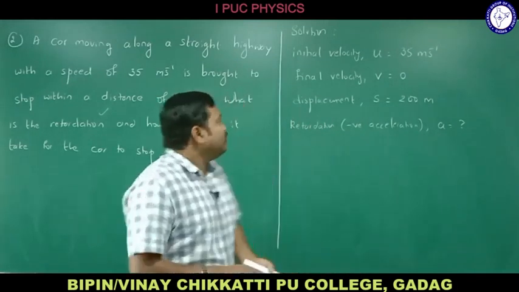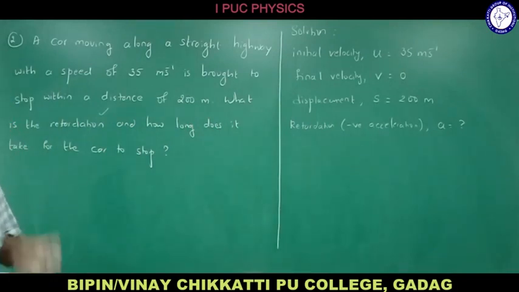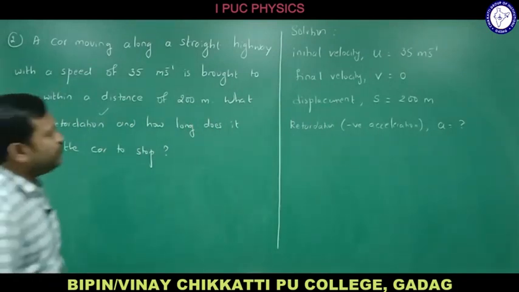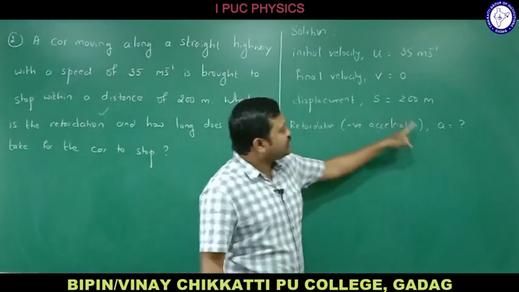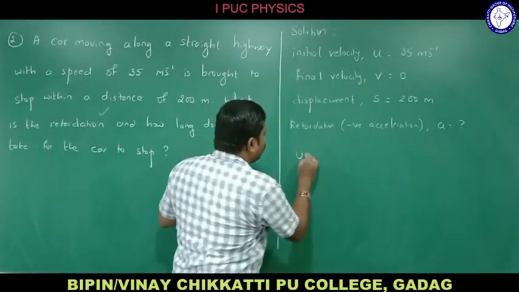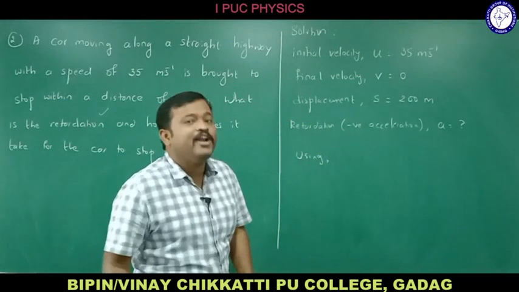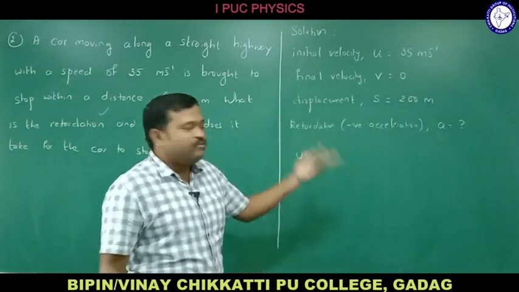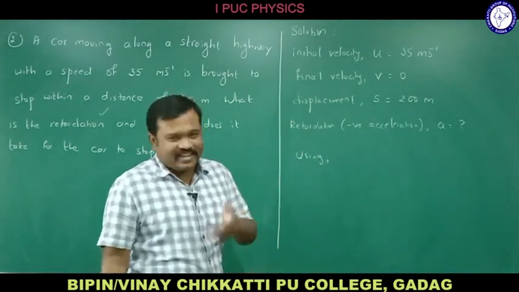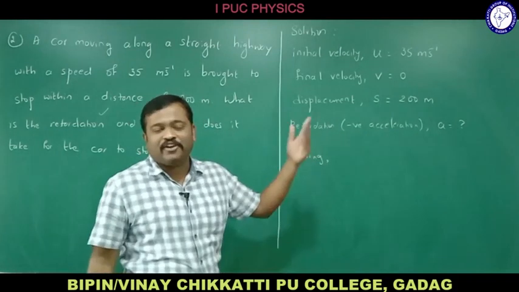Now let us check which formula is suitable here. We have u, v, s and a. Can I use v equal to u plus at? No, I cannot use it, because time we don't know. s equal to ut plus half at square, again time is not given, so I cannot use the second formula also.